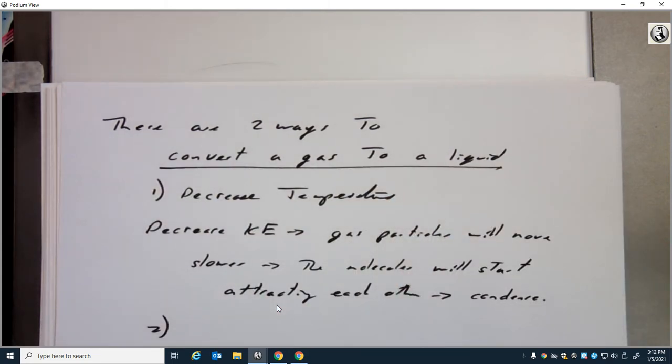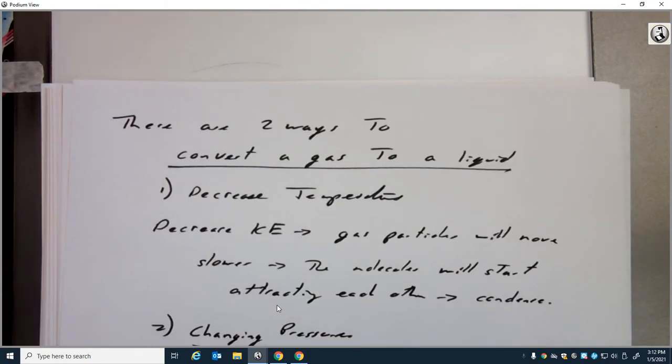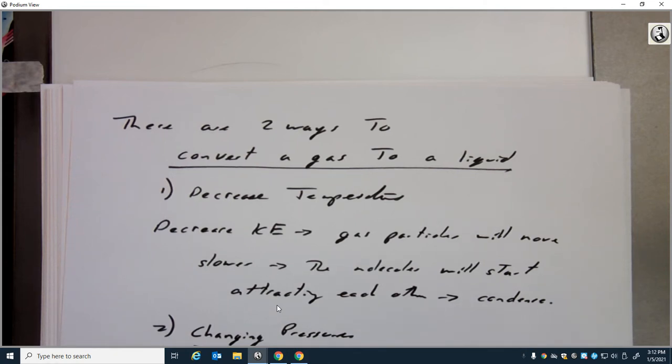Well, there's a second way that we can also do it, and that's by changing pressure. If we take a gas and we increase the pressure, generally our volume is going to decrease.